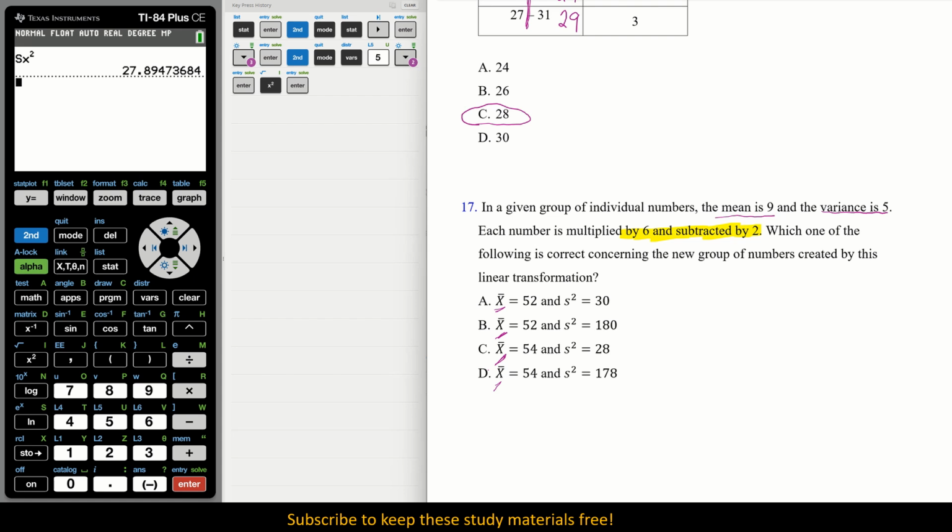So what would you do? To get the new mean, you take the 9, multiply it by 6, and then subtract 2, and that gives you your new X bar or mu, depending on how it's asked. You will need to know this. It will not be given to you in this numerical form completely.